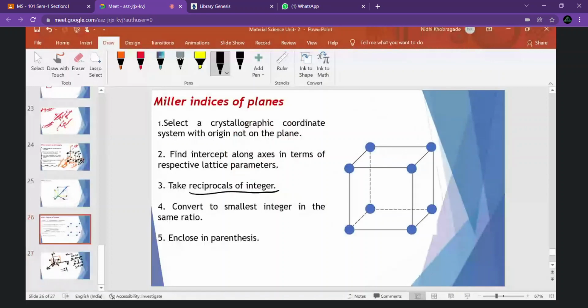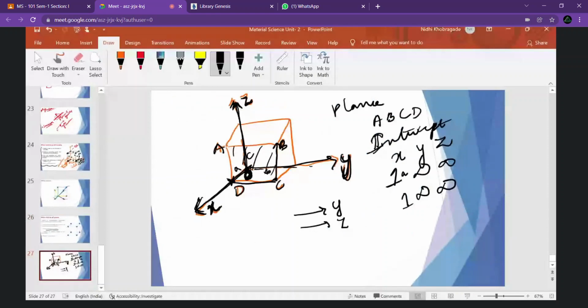The reciprocal of 1 is 1, and the reciprocal of infinity is 0, and 0. The next step is to reduce to the smallest integers. This value is already very small, so the integers will be 1, 0, 0.